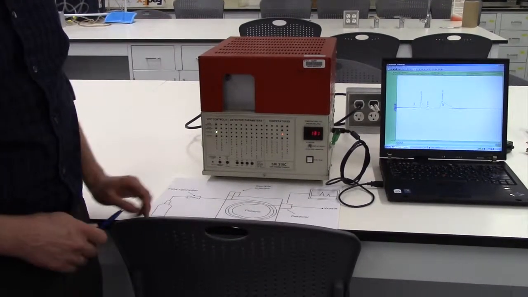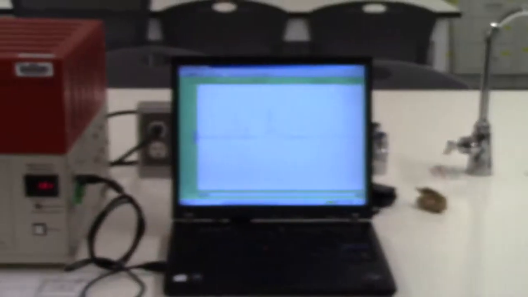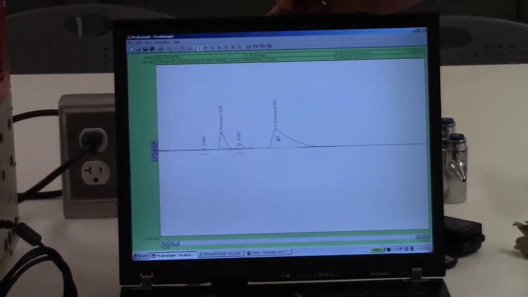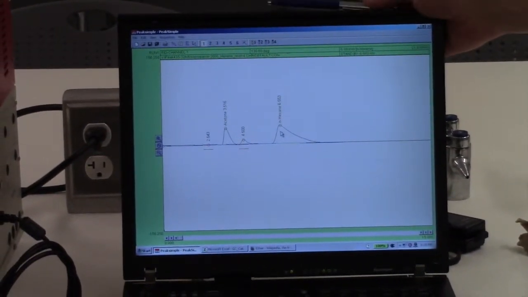So we have a software by the name of Big Simple, which came with the gas chromatograph.